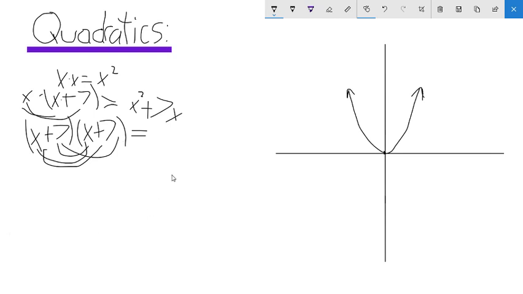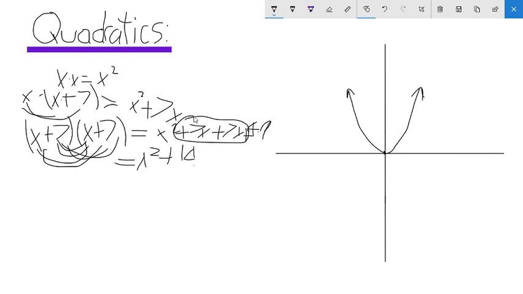If I add that up all together, I have x squared plus x times 7 is 7x, and then again 7 times x is 7x, and then 7 times 7 is 49. If I combine like terms, which is these two right here, I'm going to get x squared plus 14x plus 49.